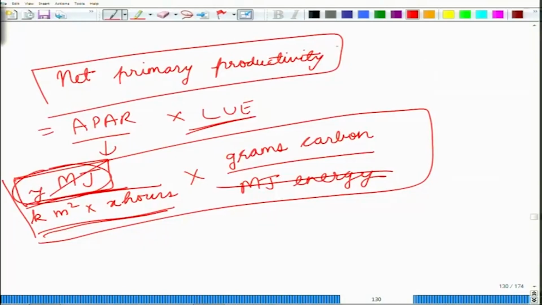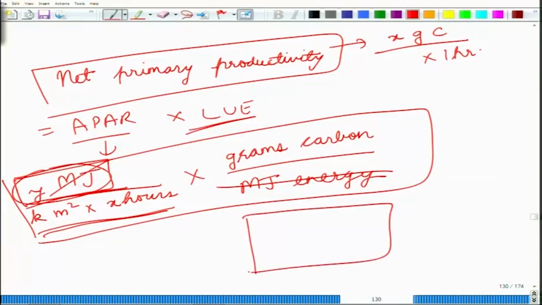So, net primary productivity we had defined as x grams of carbon generated per unit time, say in 1 hour. In the case of net primary productivity, we can define it for a forest or for any area, or we can define it per unit area.